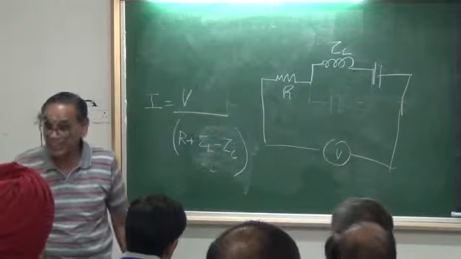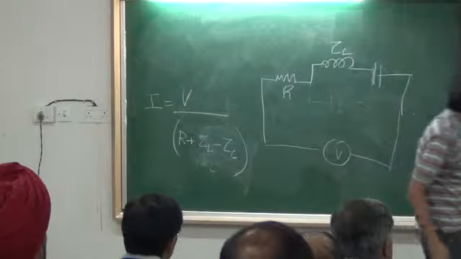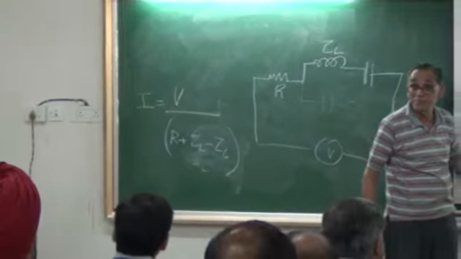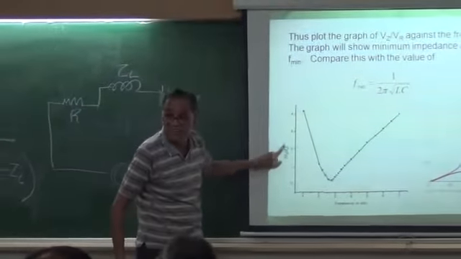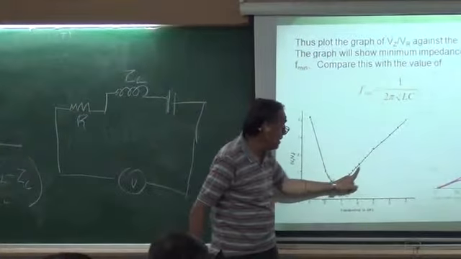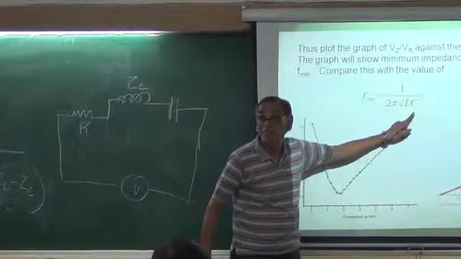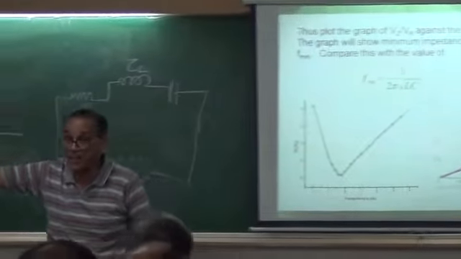Then the current will come down. For impedance, I am plotting impedance: the impedance is minimum here, then the impedance will increase, which means the current will come down and then reach a steady value.